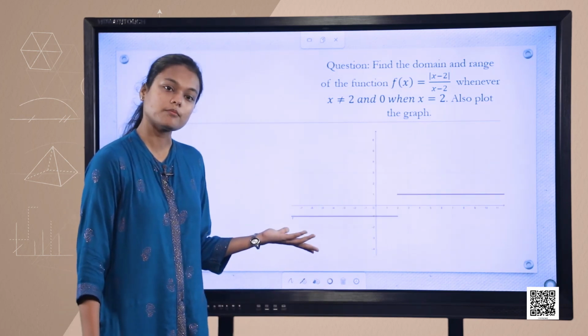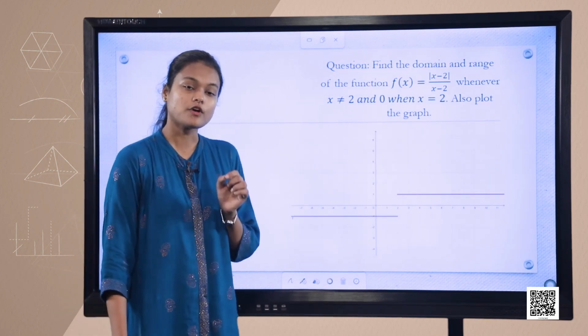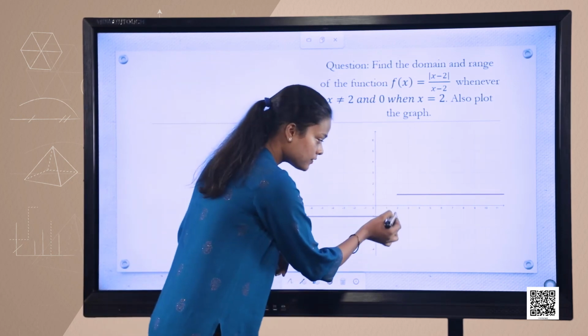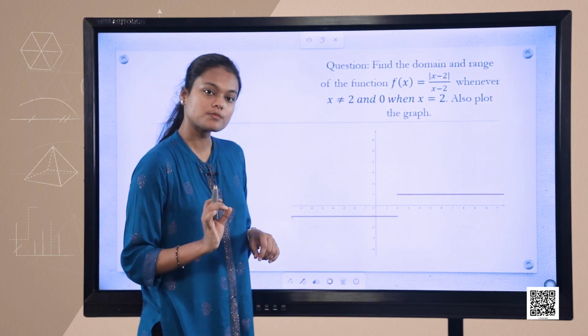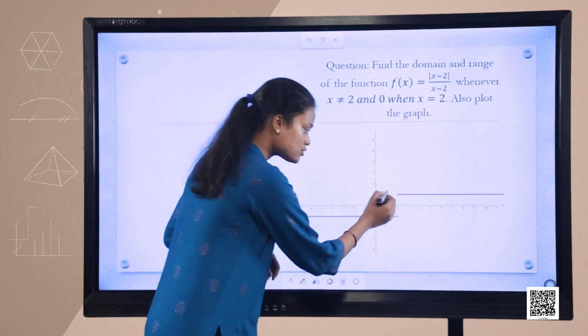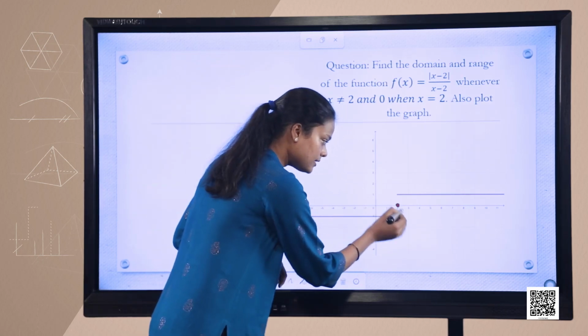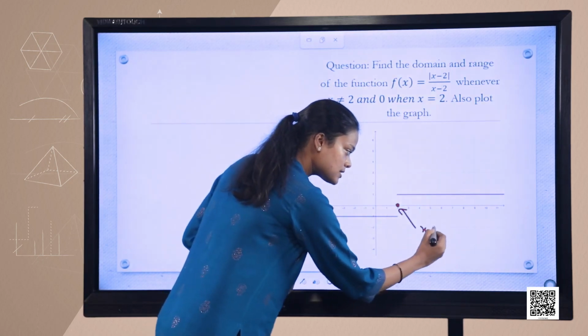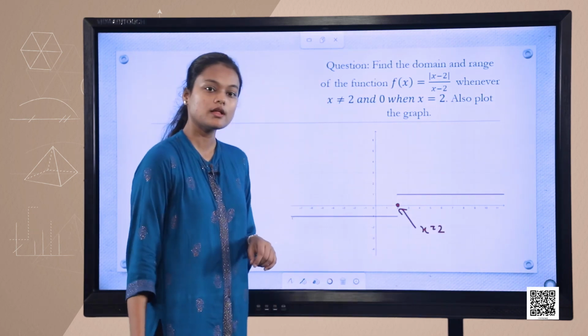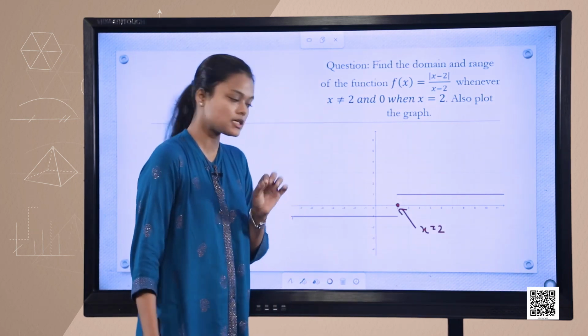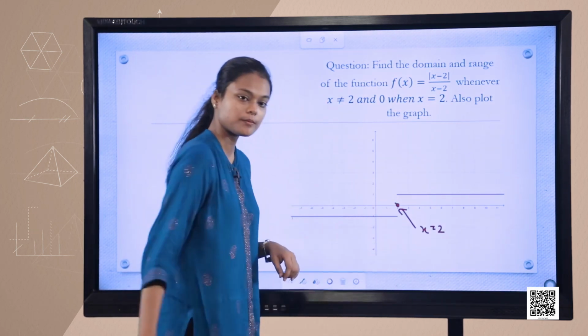Graph is again the same, but here the function, as we know, is breaking at 2. So we are going to see that whenever x is equal to 2, the value of the function is 0. So this point.